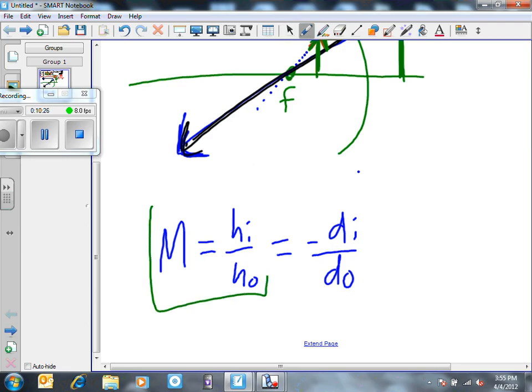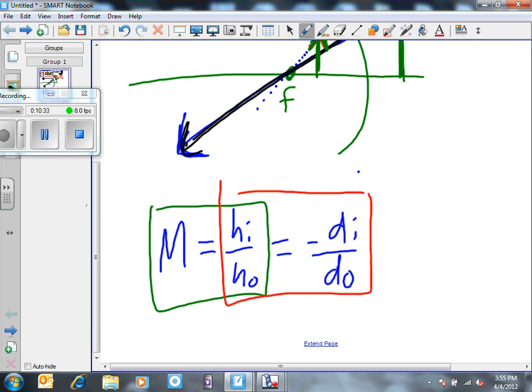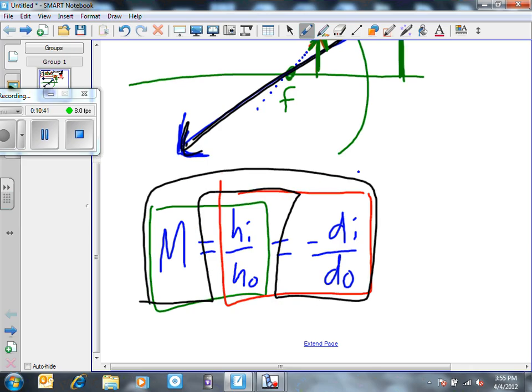Here's one formula. Okay. Here's another formula. And then the last formula is this. So we can see there's actually three formulas there. Do you see that?